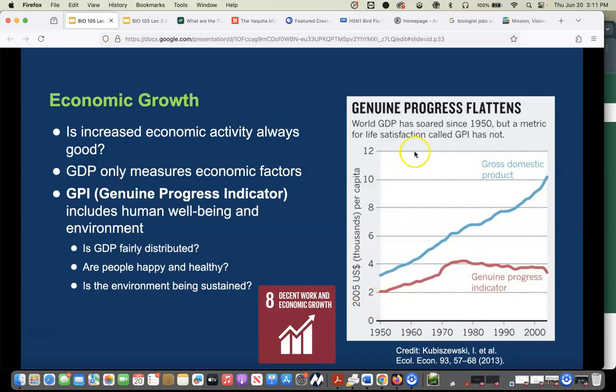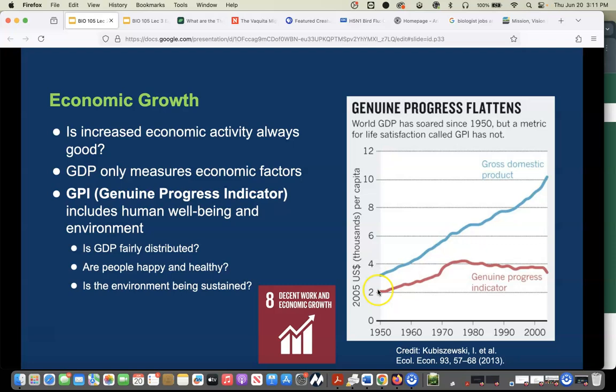So here you can see the genuine progress for the United States, and this was from the 1950s. Here is the US per capita, in the thousands. And you can see the gross domestic product has continually increased since the 1950s.